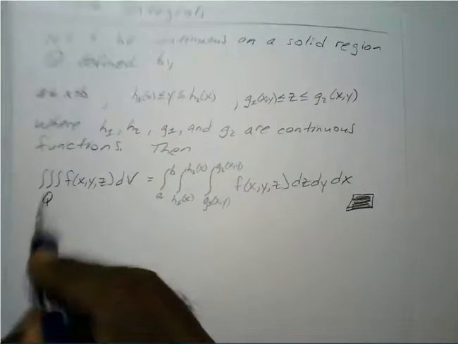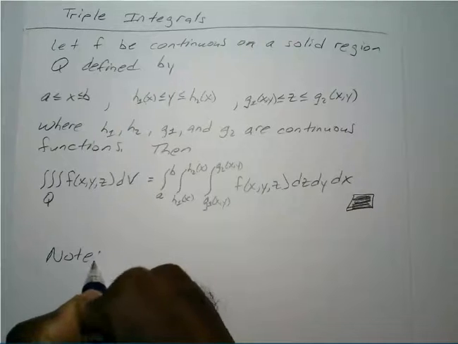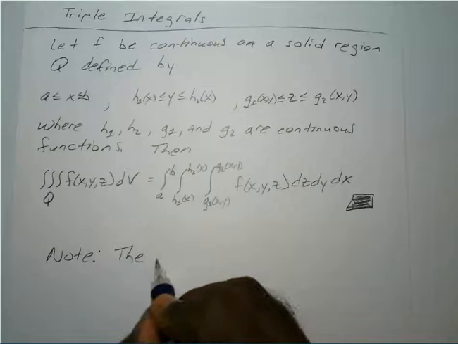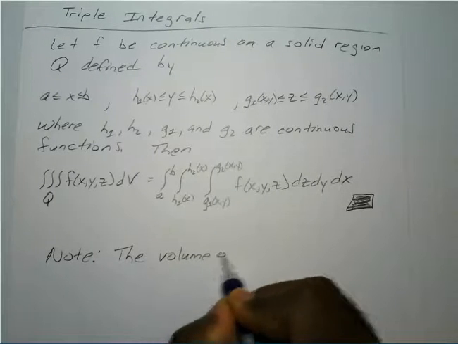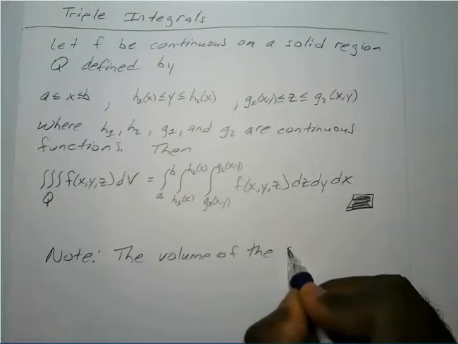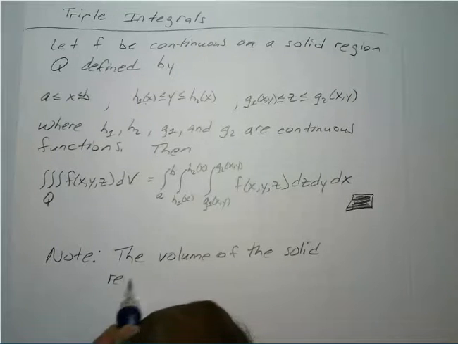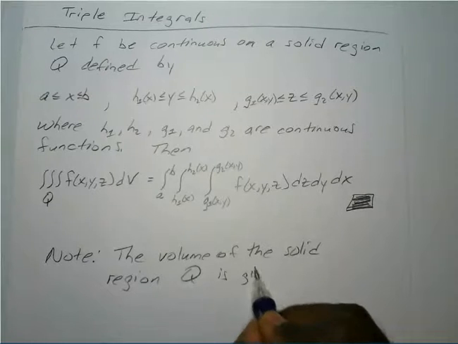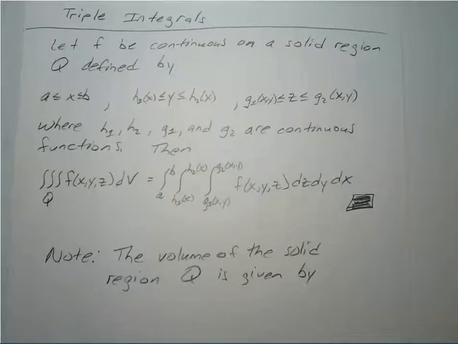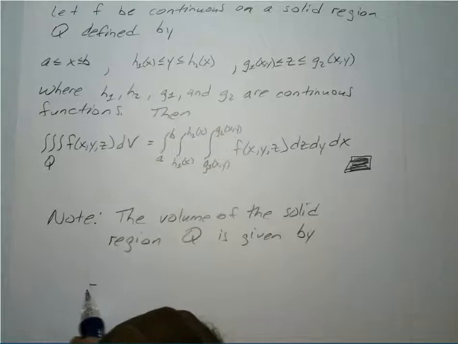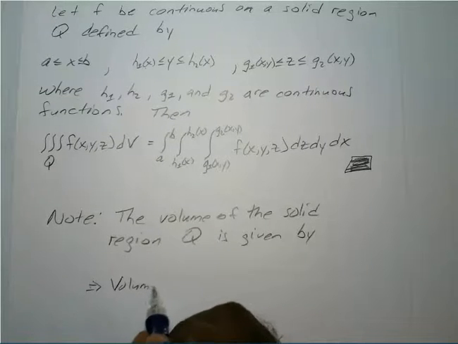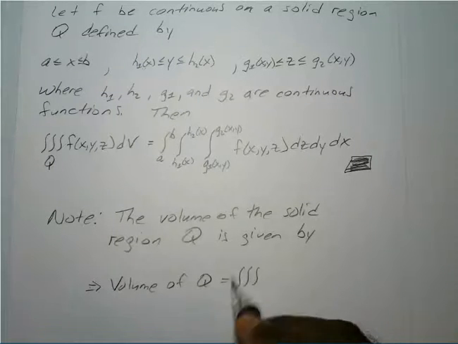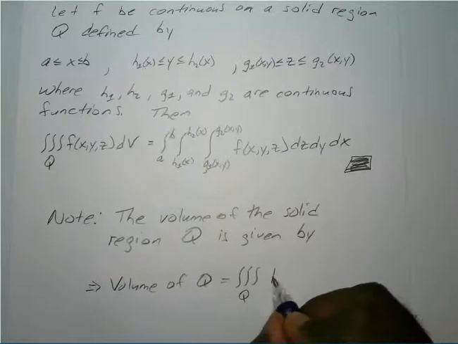Okay, so quick note. If you're looking for just the volume of the solid region Q, the volume of Q is equal to the triple integral over Q of just dV.